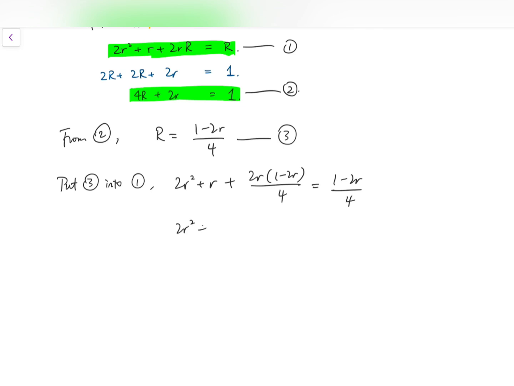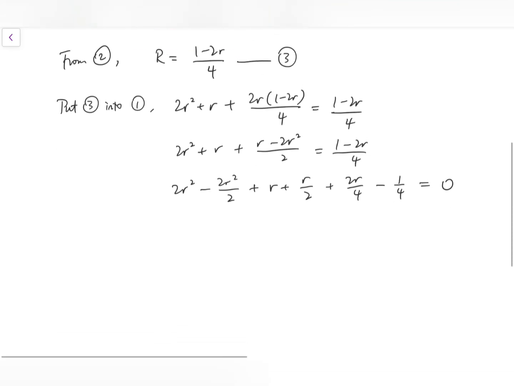So then 2r squared plus r minus 2r squared over 2 equals 1 minus 2r over 4. Now, let me group the terms together. Square terms together, r terms together, and then minus a quarter at the end.